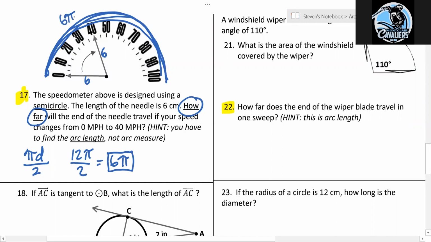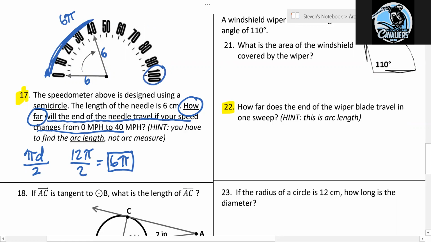But remember, that's not our answer, because if you look back at the question, it says, how far will the end of the needle travel if your speed goes from 0 to 40? So that's only this portion right here, from 0 to 40. We just want to know that length. Well, 100 miles an hour is half of the circle, right? You can see 100 is half of the circle.